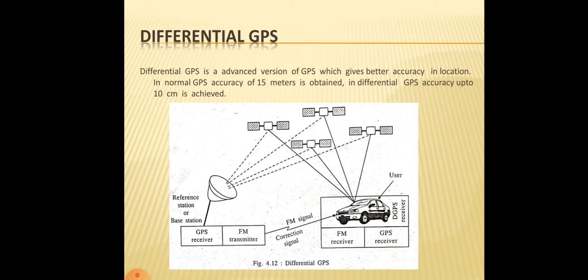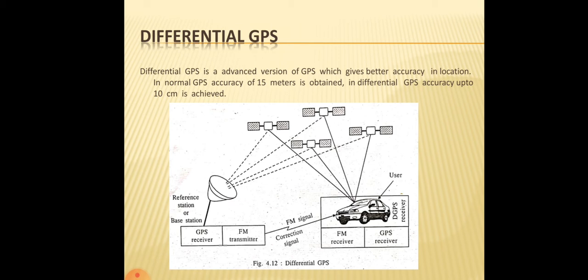The error calculated is called differential error. So whatever the error is, it is called differential error. After making correction, this station will broadcast it to all the differential GPS receivers around the reference station using the FM transmitter. You can see it in the diagram. The differential GPS receiver obtains location parameters from GPS data, then applies correction based on the information received by the FM channel.